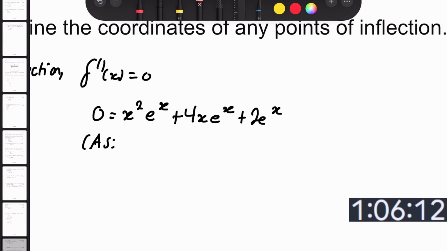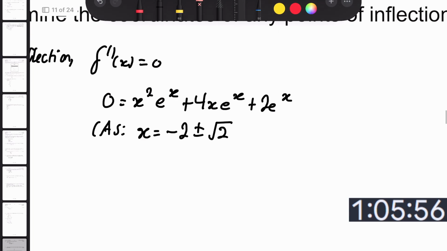Oh, so that's going to be negative 2 plus or minus square root of 2. Oh yeah, because it just becomes x squared plus 4x plus 2 equals 0.